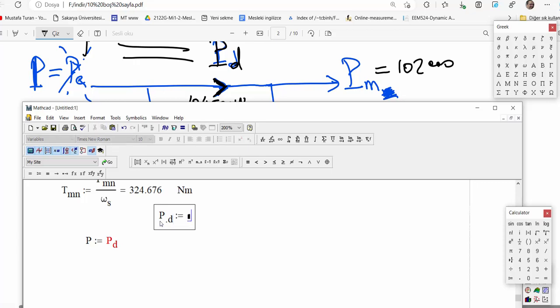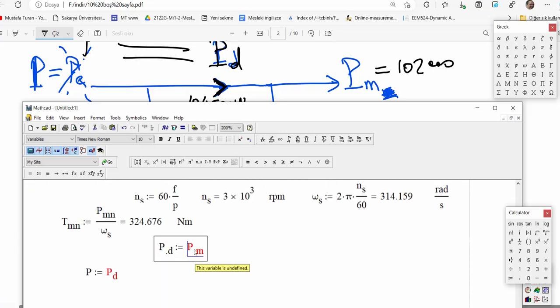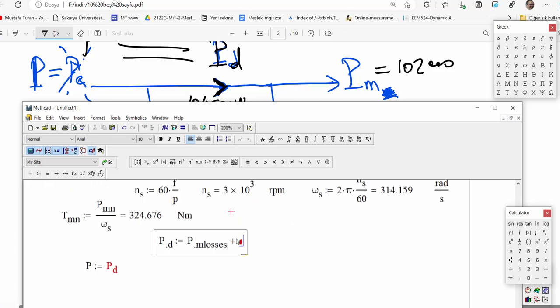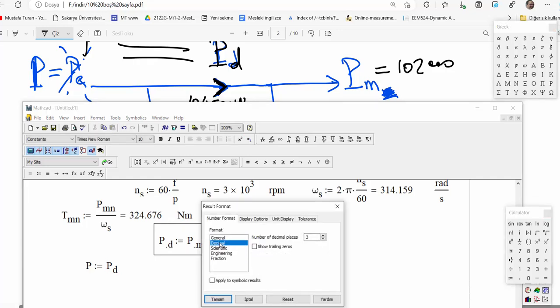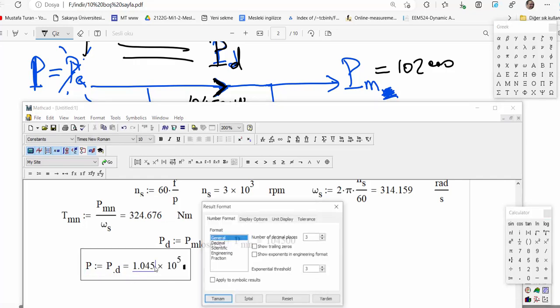PD is equal to mechanical losses, which I have defined here, plus mechanical output. The mechanical output is the rated value, so converted power is such a value, and electric input power has the same value.